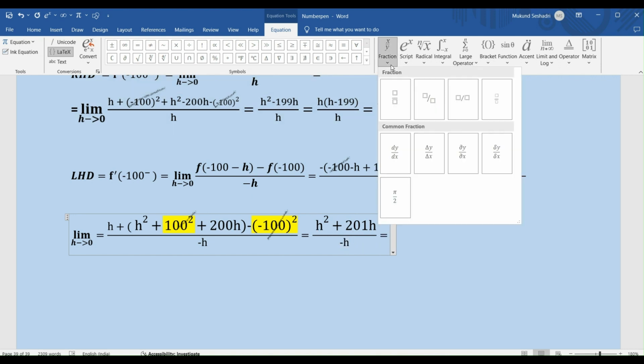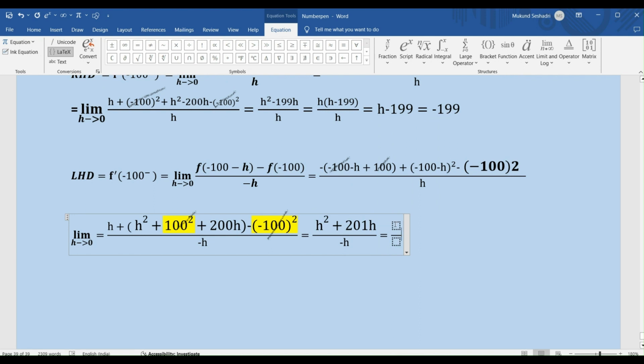I can pull out my h from the numerator. That leaves me with h into h plus 201 divided by a minus h, right? And cancel out my h and h, which leaves me with minus h plus 201. And I don't think we can further do any simplification.